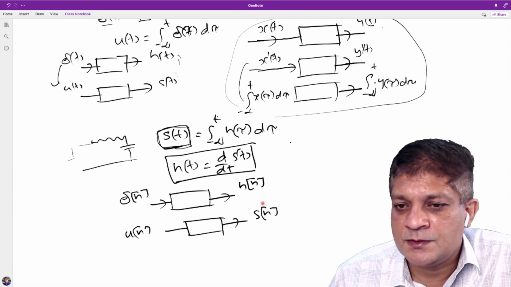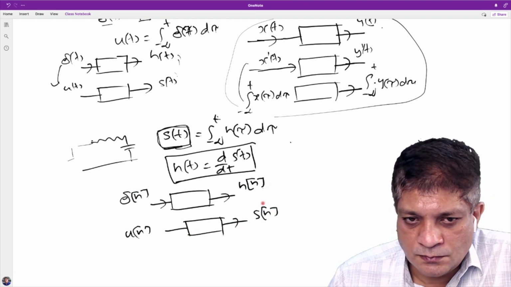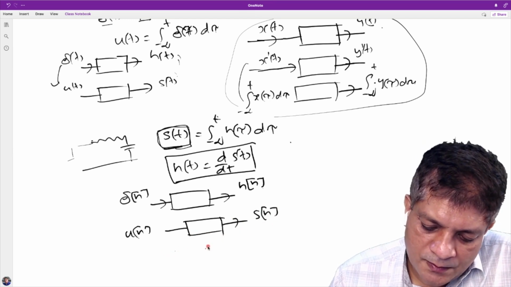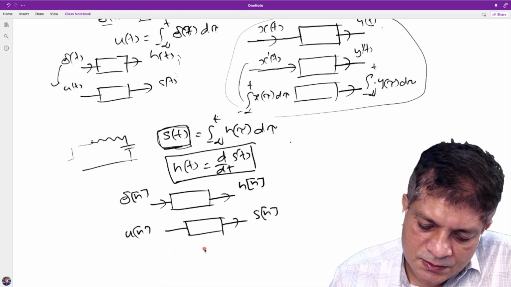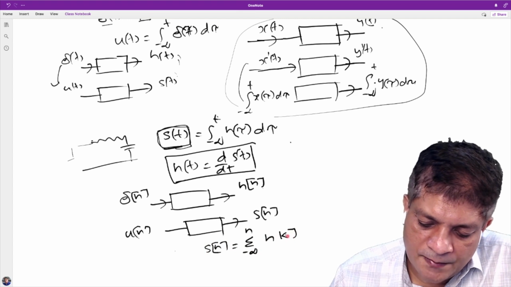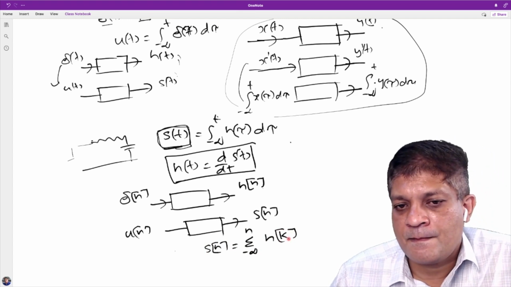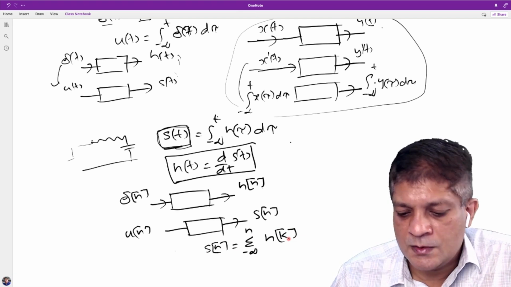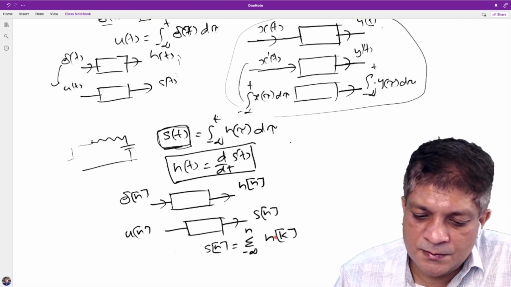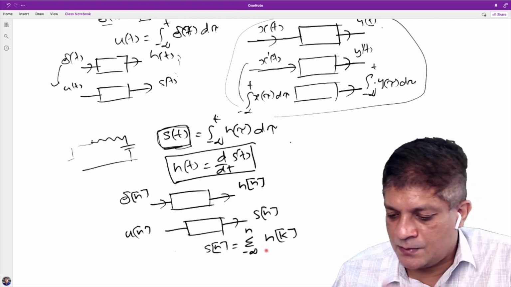What is the relation between these? Instead of integration, it is summation: s[n] is the summation from minus infinity to n of h[k]. This is an accumulator. In the continuous time system it is integration, and here it is accumulation.